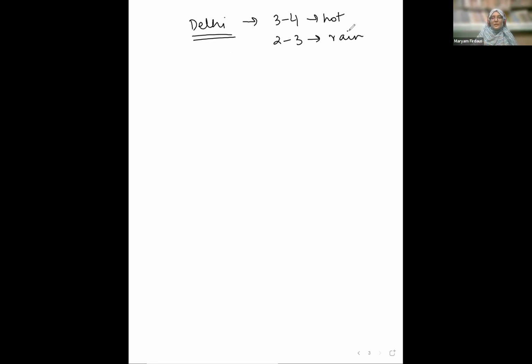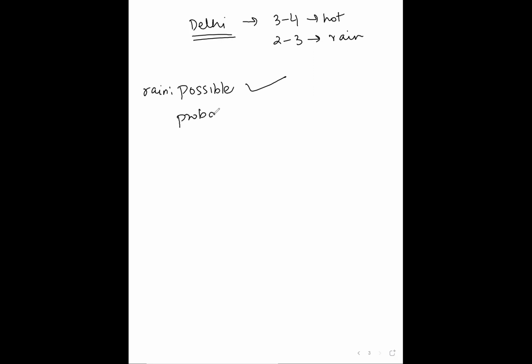Today, for example, it hasn't rained, but if I'm talking about tomorrow, let me ask you a question. Is it possible that it will rain in Delhi tomorrow? Yes, it is possible. Now I will ask you, is it probable that it will rain tomorrow?